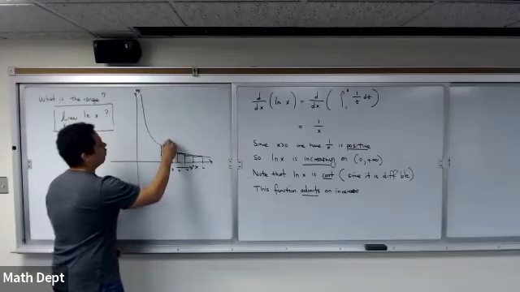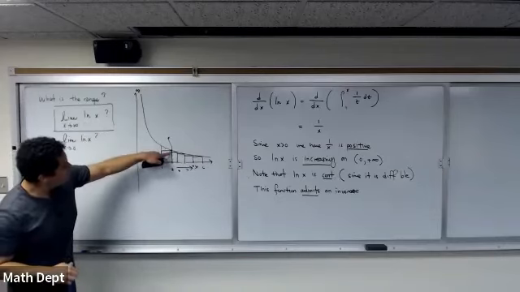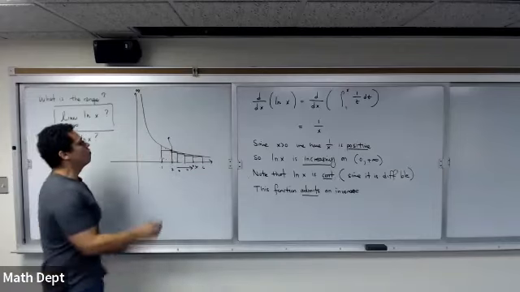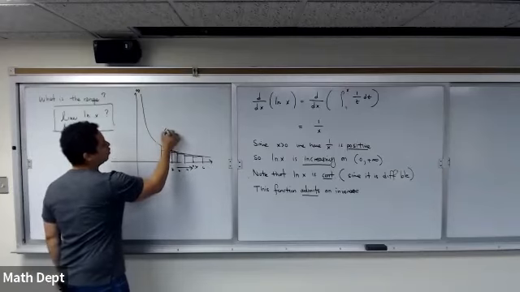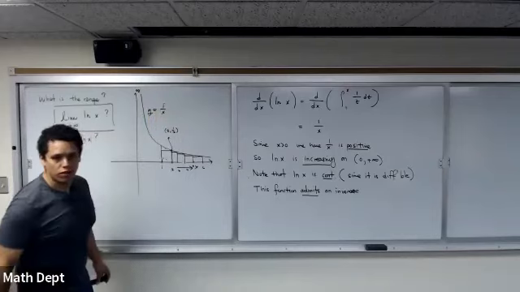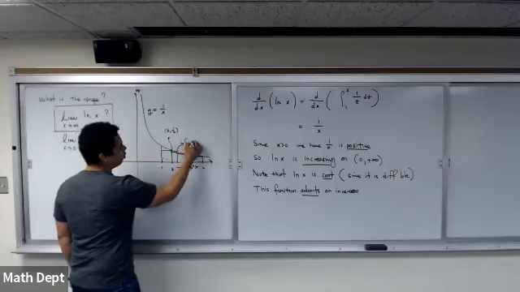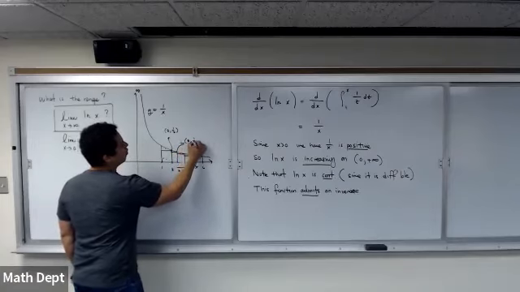A careful examination of the coordinates of the vertices of the rectangles says that this one is 2 comma 1/2. Remember, this one is the curve y equals 1 over x. This one is given in coordinates as 3 comma 1/3.